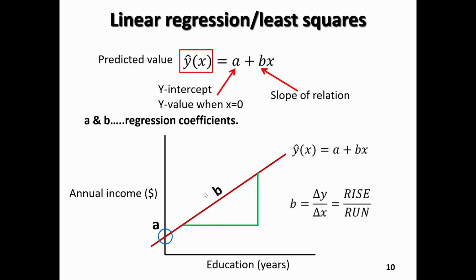Whatever this value is now becomes the second property of this relationship. The first being the a value, the a coefficient, and the second is the b coefficient. So this ends this part of our lecture on introducing the key items for linear regression analysis.